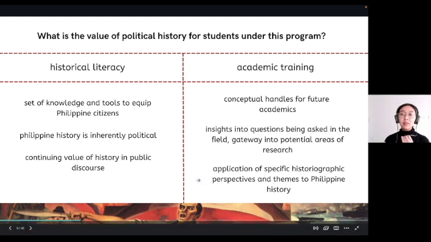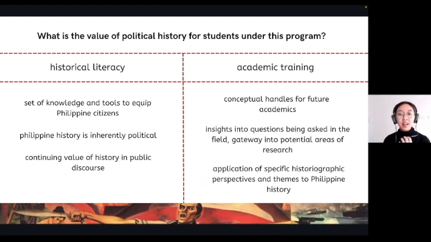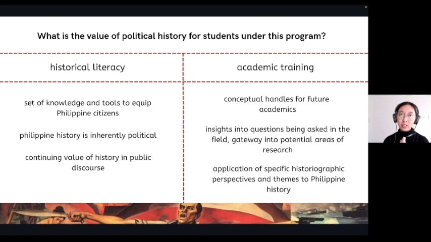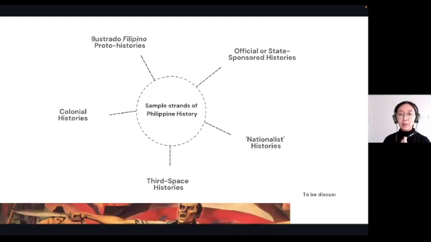Now, in addition to that, if you're not really going to be an academic, and that's okay, because many people don't actually end up writing historical papers, diba? One other value of this form of academic training for us is to apply specific historiographic perspectives and themes to Philippine history. Let's give you an example now.